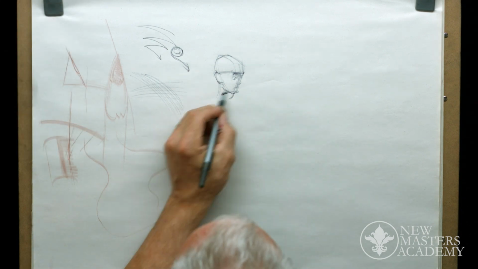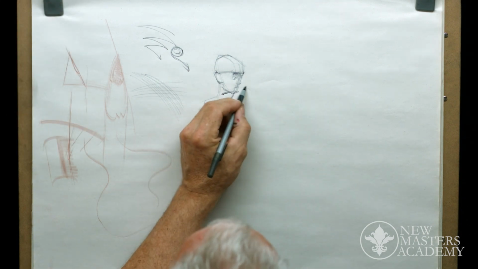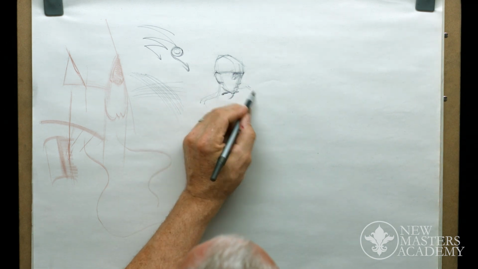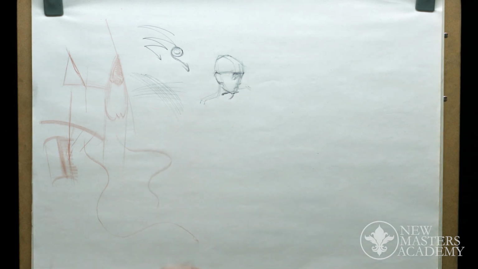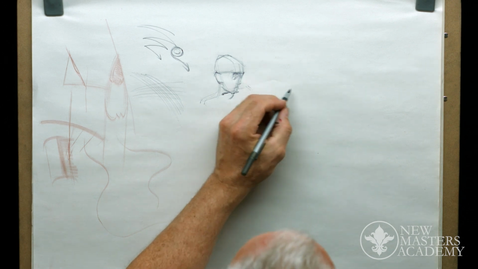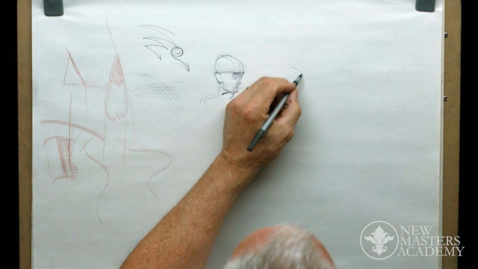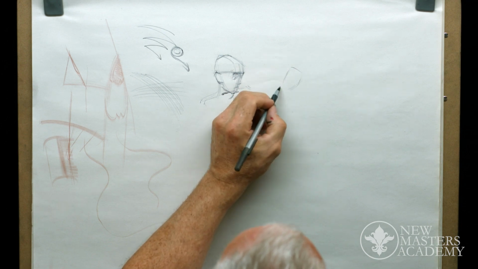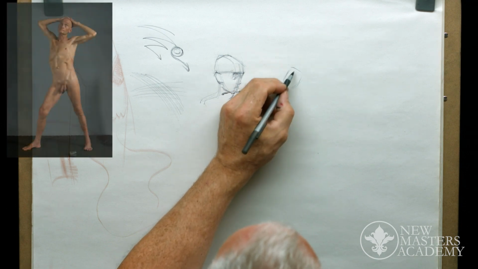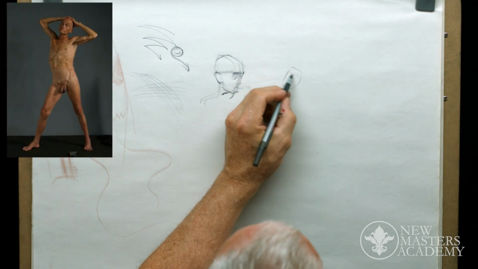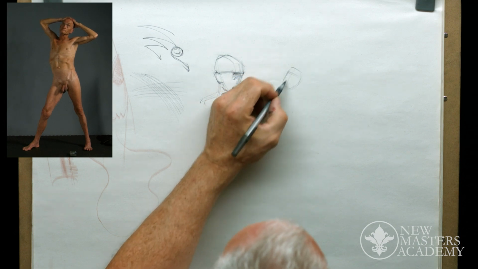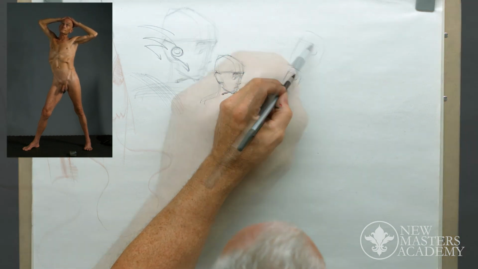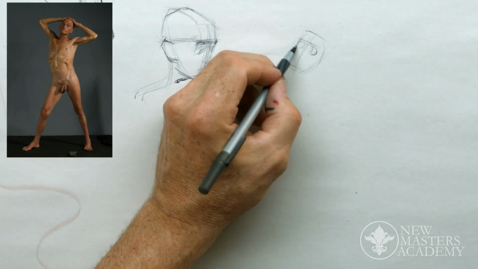And that's going to give us hopefully what we need to move all the way through the figure. And you can just draw a shape or two and get all these structural and gestural truths. Or you can get the whole figure laid in.